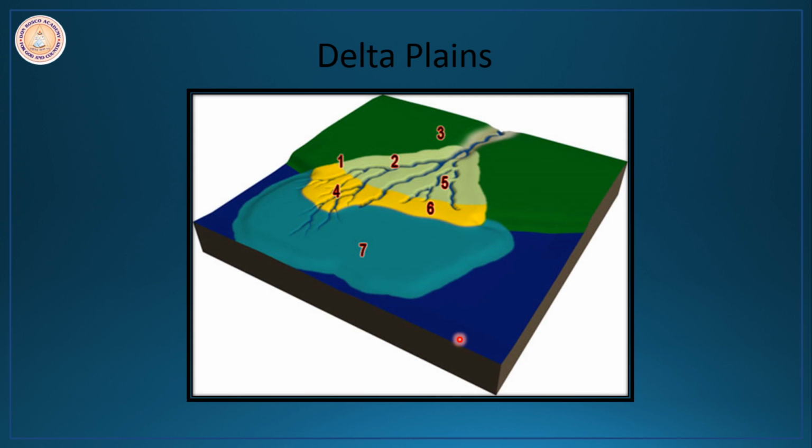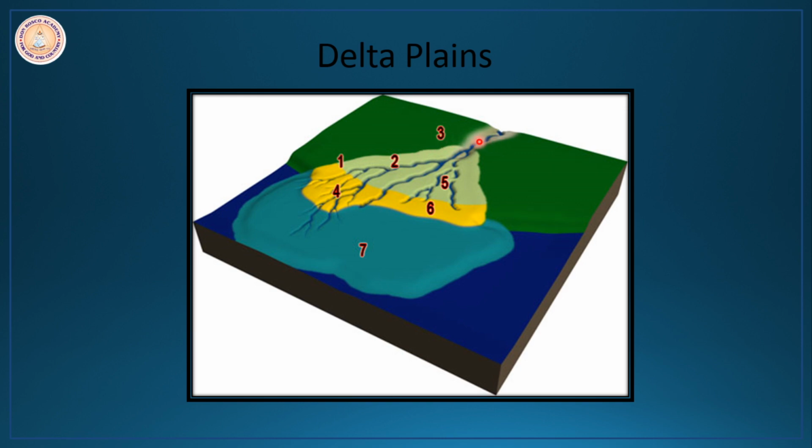The next is delta plains. Now deltas are formed at the mouth of the river. So you can see this is the sea or ocean, and the river has now come to its old stage and is about to meet the ocean.